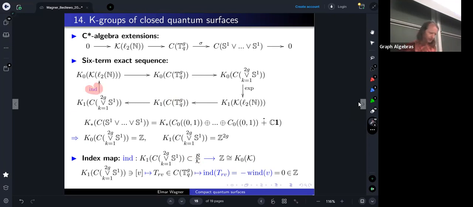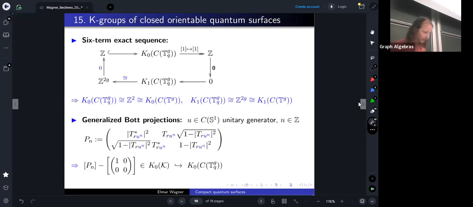We don't really need to use an explicit description of generators. We know it relates to the winding number of the functions on the torus. So in the first case, the oriented case, the winding number is 0, so this index map is 0.